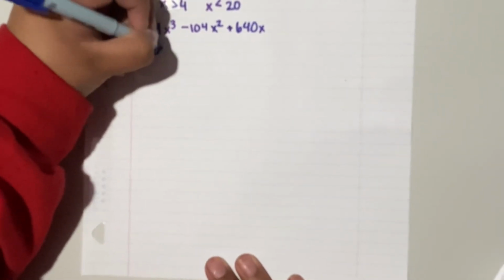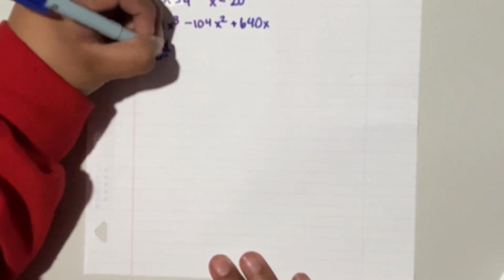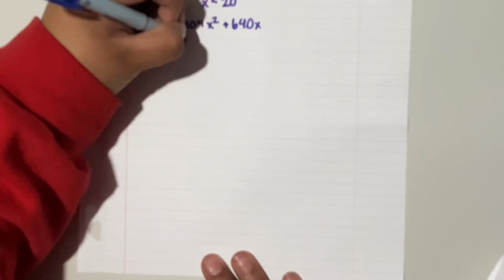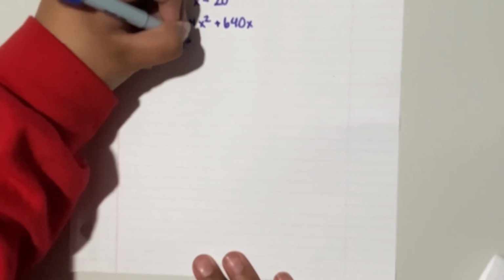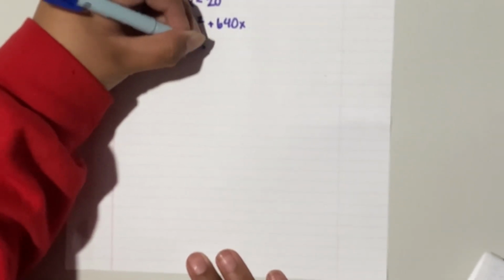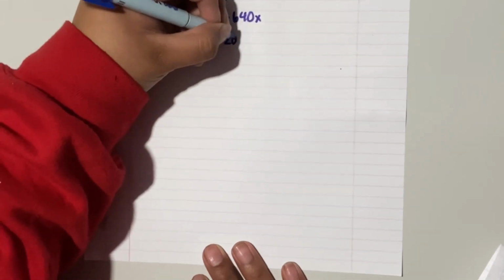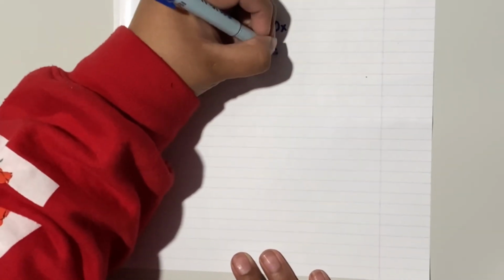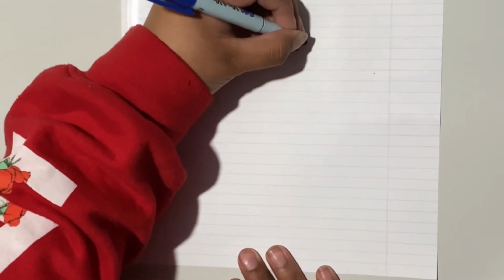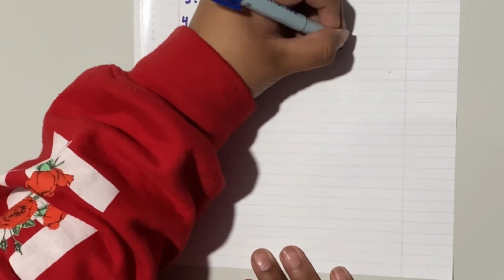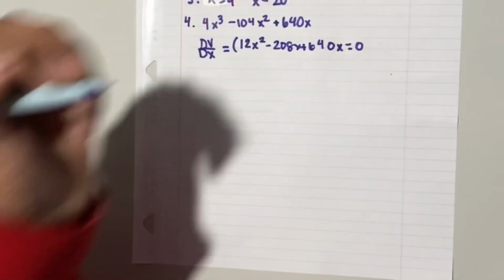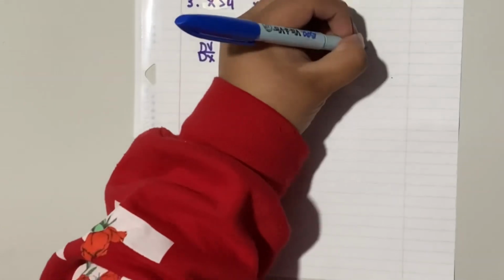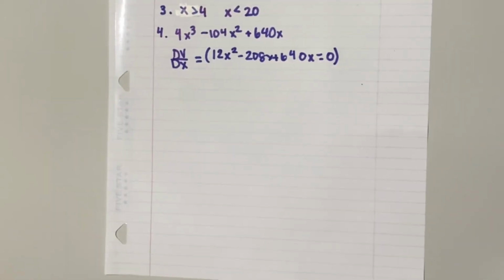So dV over dx equals 12x squared minus 208x plus 640 equals 0. Using this formula, we're going to put it into a quadratic.